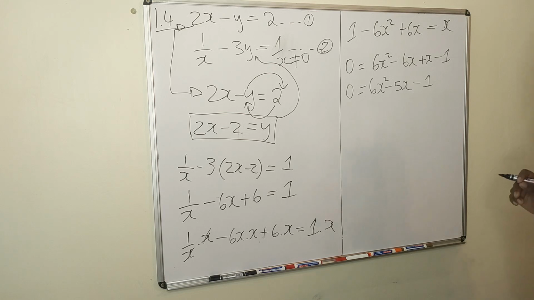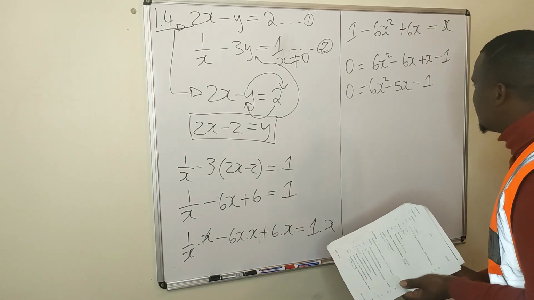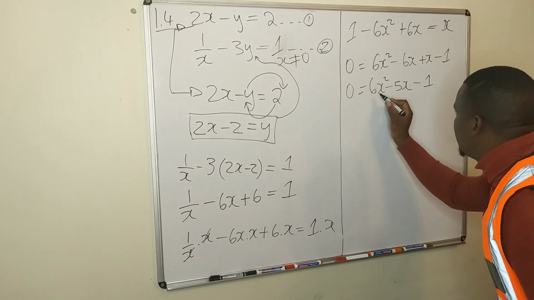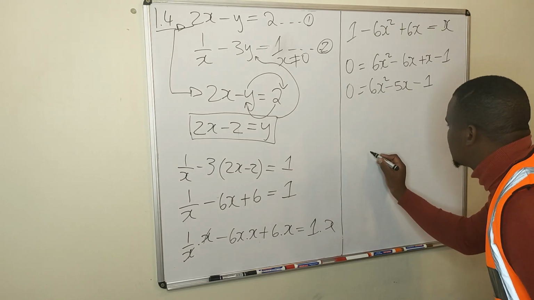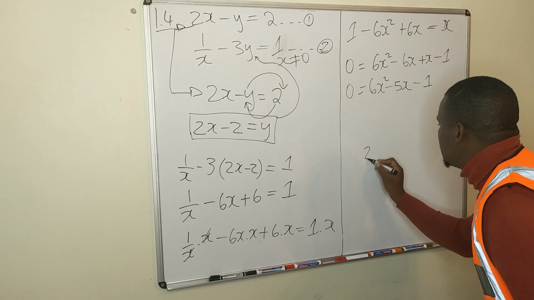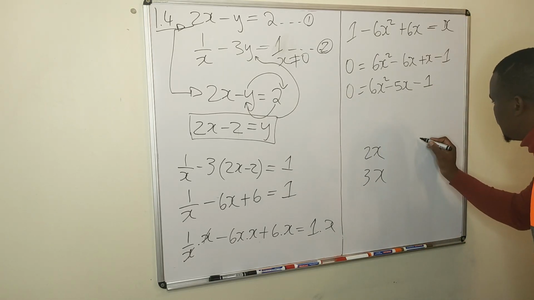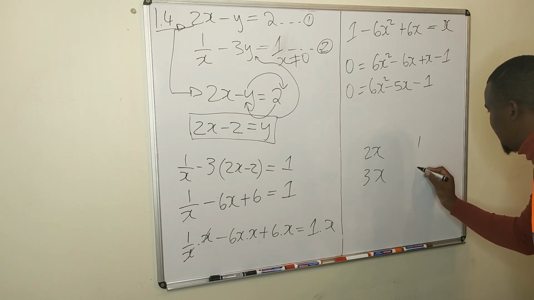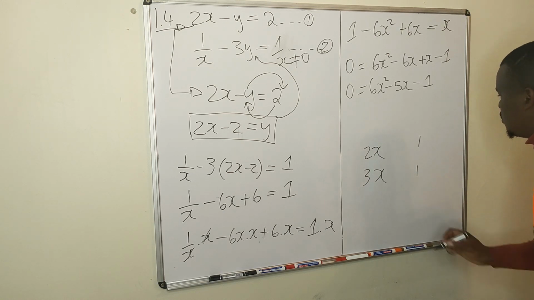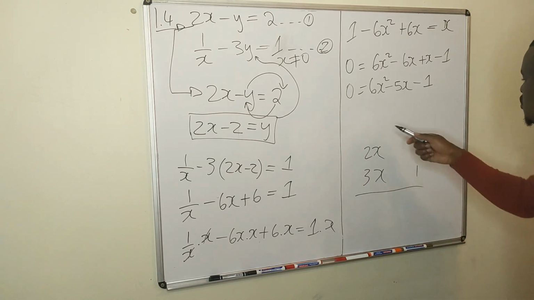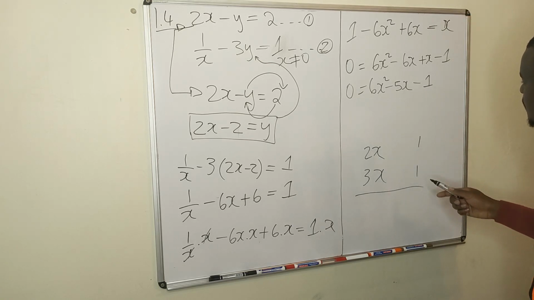So we can factorize this thing. We've been factorizing this way. So what are the factors of 6x squared? It's 2x and 3x. What are the factors of this guy? It's 1 and 1. So the bigger cross multiplication will take the sign of the middle term.